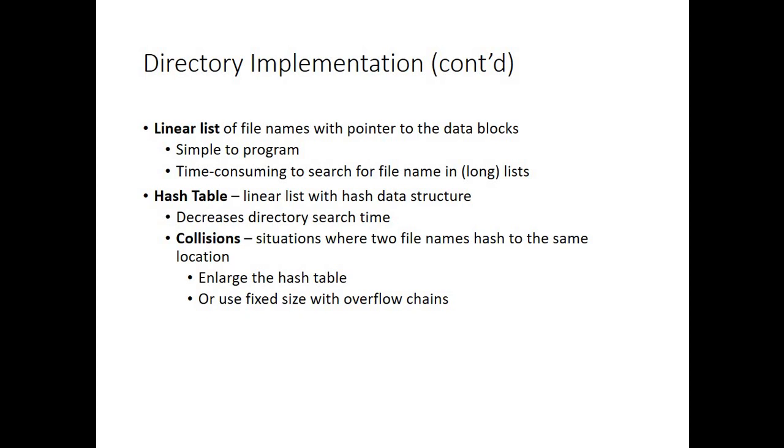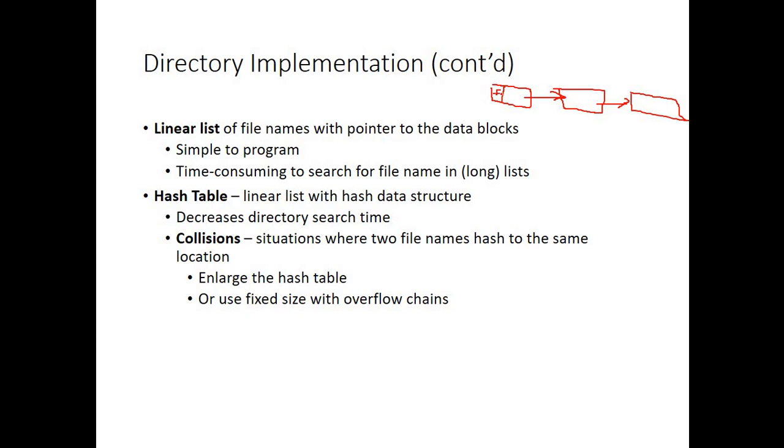So what does linear list directory implementation mean? The directory structure maintains a linear list of all the files and their corresponding pointers to the data blocks. So like this, it will maintain a collection of nodes, where each node contains information about the file and its related block numbers.